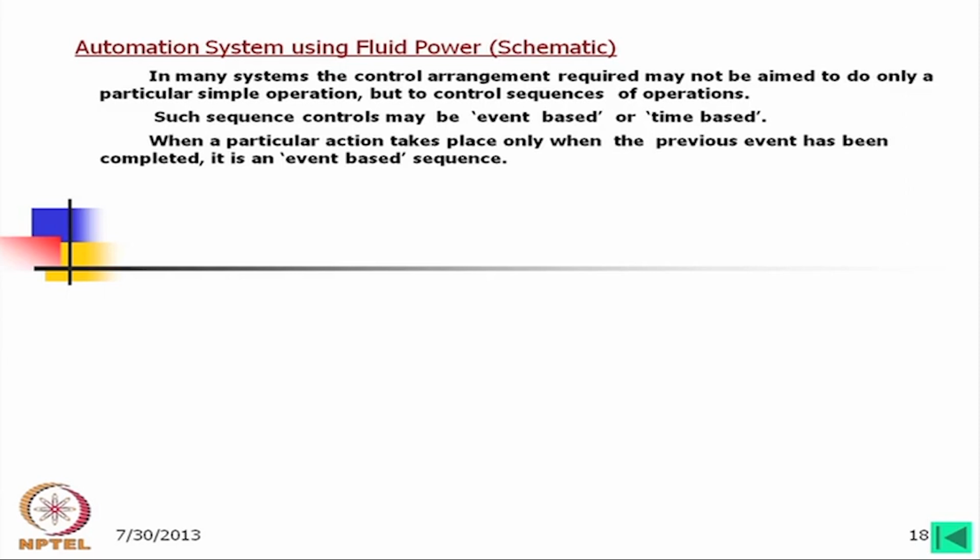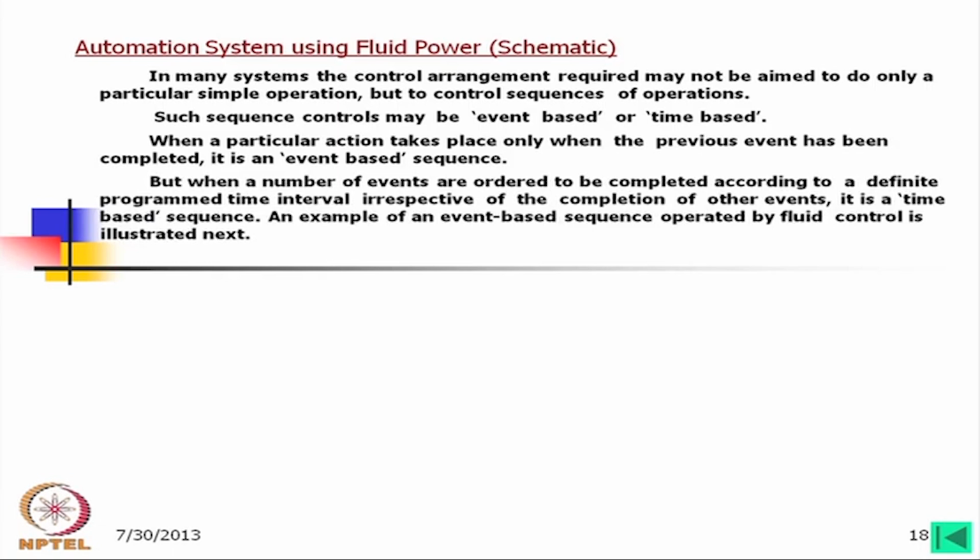When a particular action takes place only when the previous event has been completed, it is an event based sequence. But when a number of events are ordered to be completed according to a definite programmed time interval, irrespective of the completion of other events, it is a time based sequence.